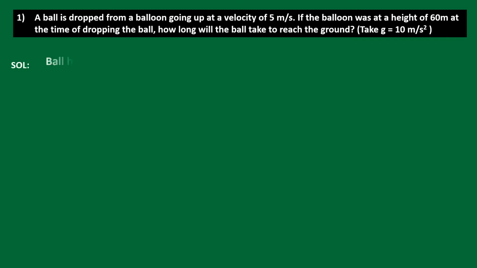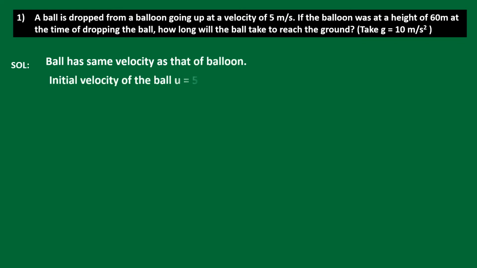As we know, the ball has the same velocity as that of the balloon. So initial velocity of the ball is taken as 5 meters per second. Why is it taken as positive? Because as per the sign convention rule, the quantities which are measured in upward direction are taken as positive. Now height of the ball s is equal to minus h, that is equal to minus 60 meters.